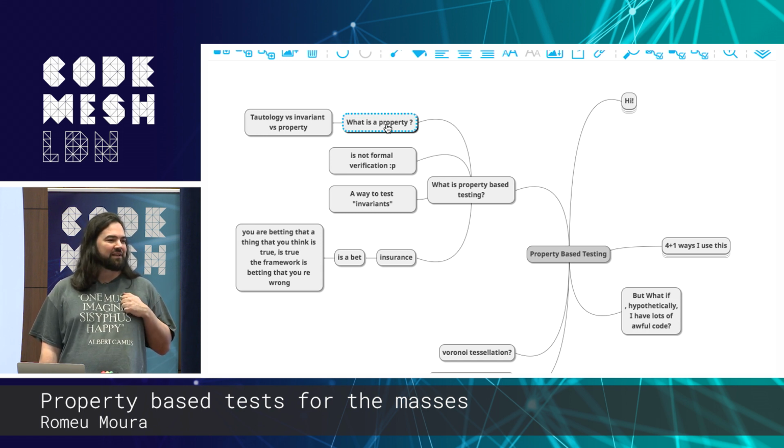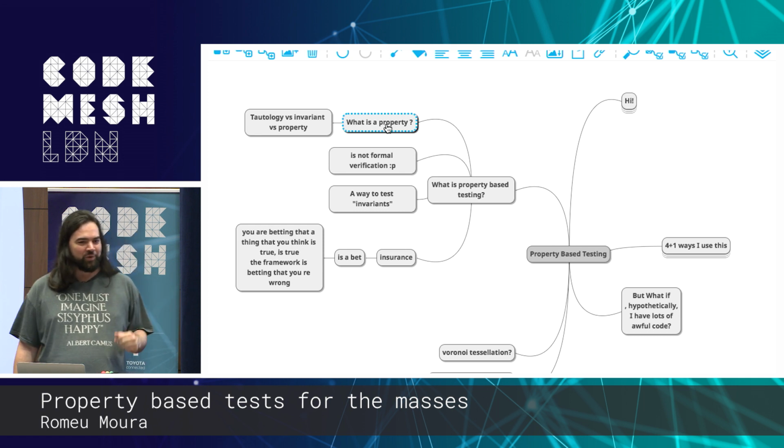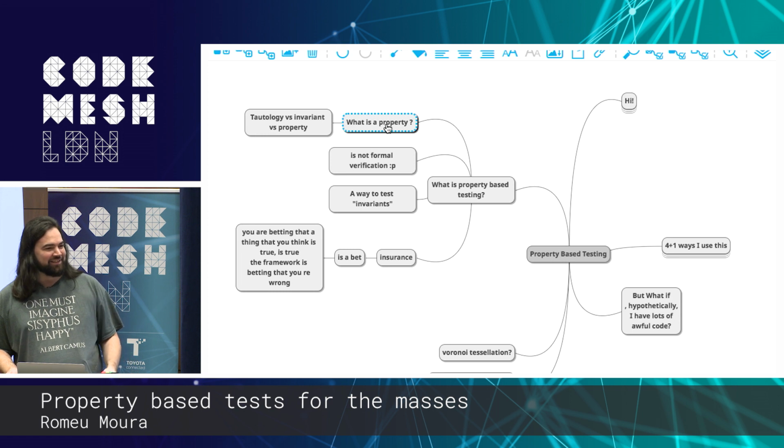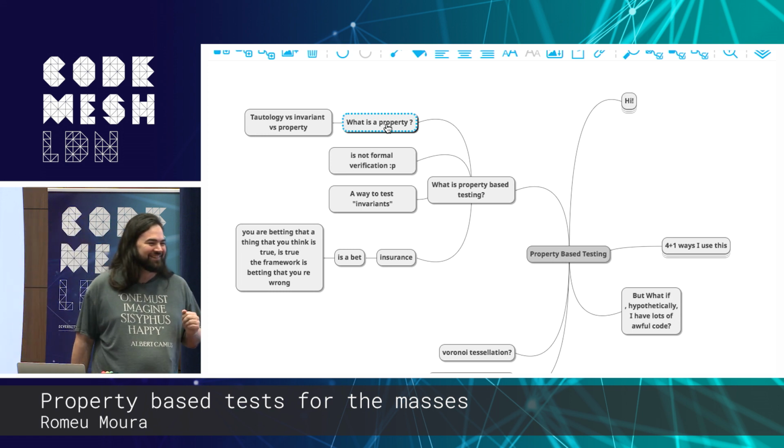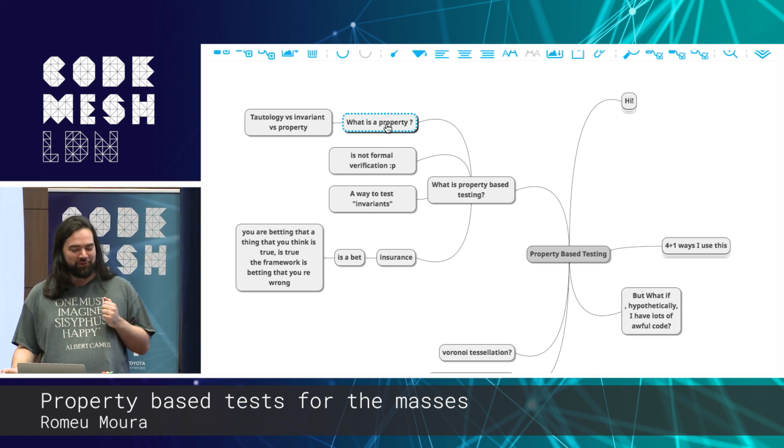So, I would say that a tautology is something that is always true, yeah? I would say that an invariant is something that is always true. And I'll say that a property is something that is always true. But different kinds of always. That's the gist. For different definitions of always.